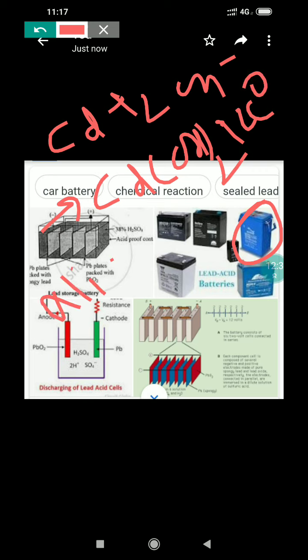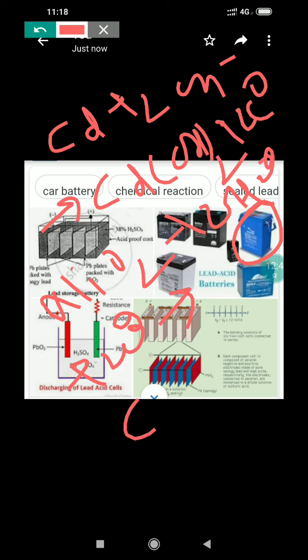And NiO2, which is impregnated on the cathode, the nickel electrode, plus 2H2O plus 2 electrons, giving you Ni(OH)2 plus 2OH-. These are the reactions which take place in the cell.